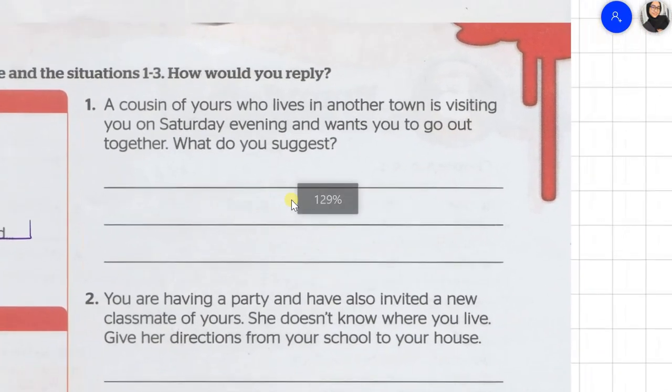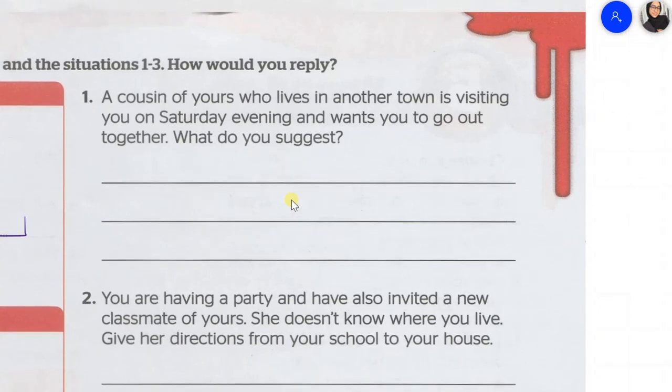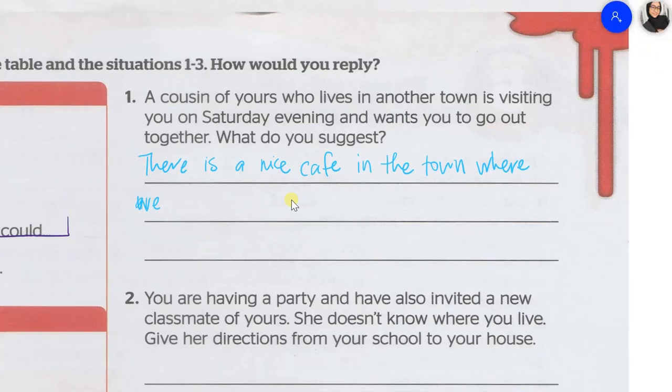So let's write our sentence. Okay, there is a nice what? Nice cafe in the town where we can, oh, what's happening?